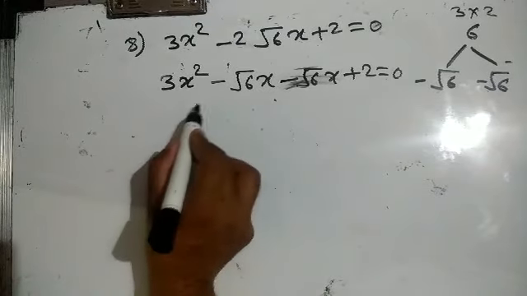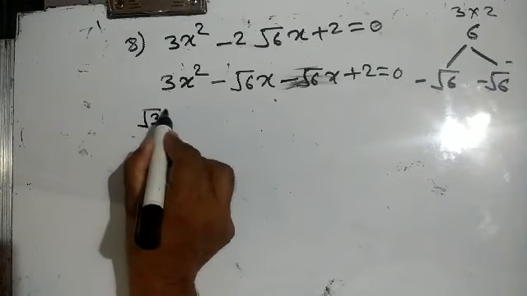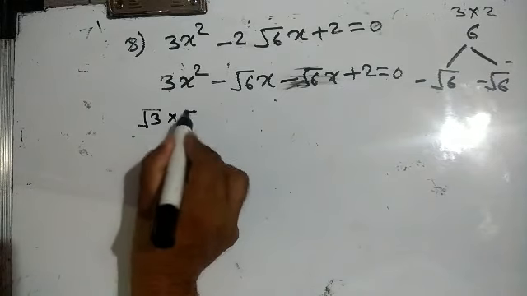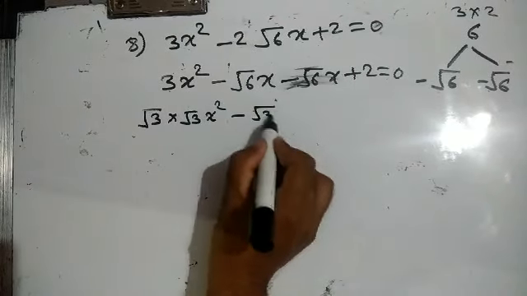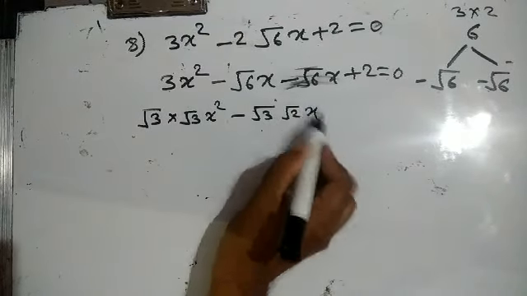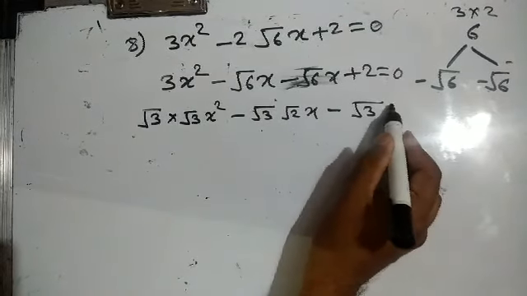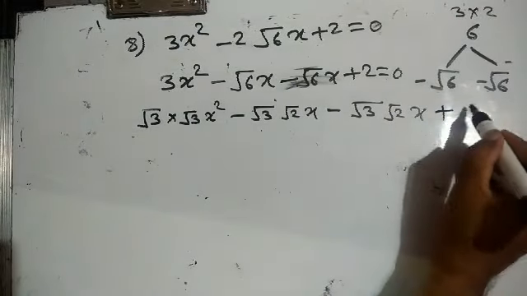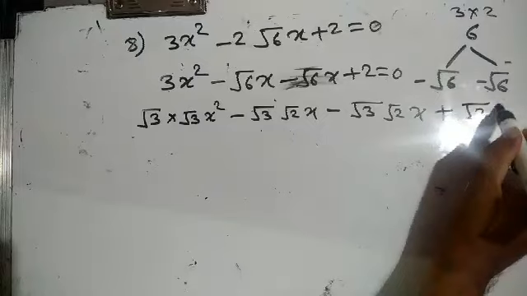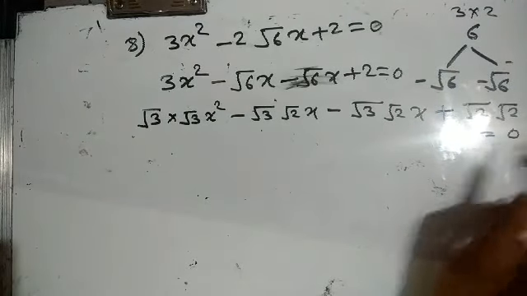Then here we can write this 3 as √3 into √3 x². Here we can write √3 into √2x, √6x. Here we can again write √3 into √2x, and here this 2 we can write as √2 into √2 is equal to 0.